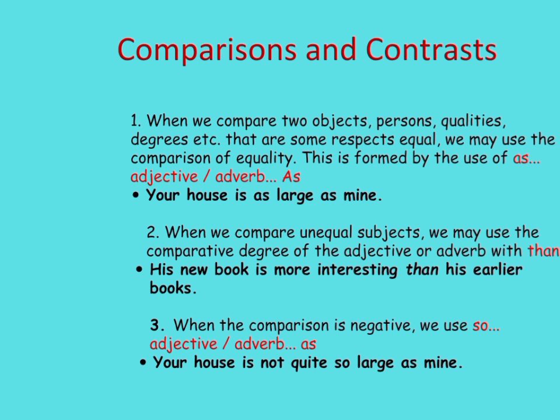Next, when the comparison is negative, we use so, then the adjective or adverb, then again as. For example, your house is not quite so large as mine. Here we have used so, then adjective large, then as. So like this, we can form the sentence.